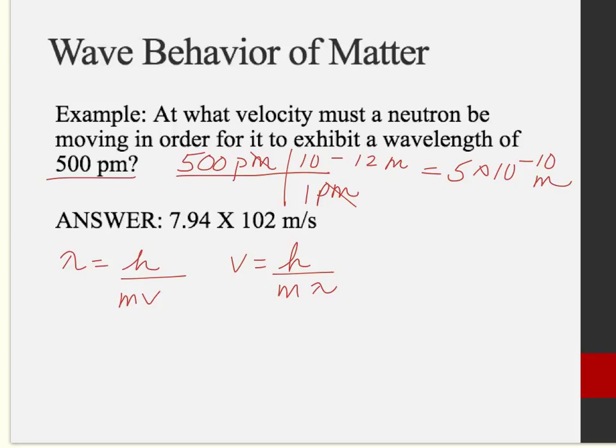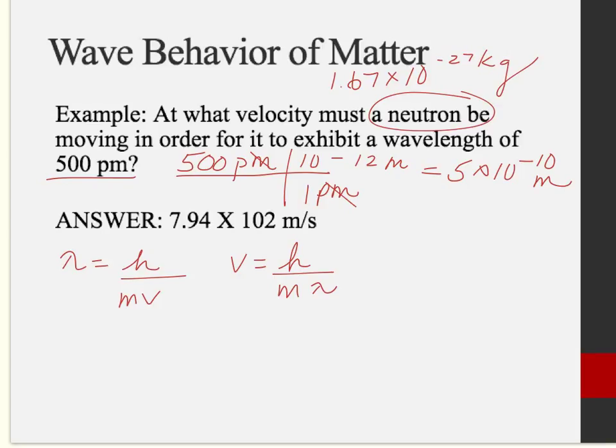You also need the mass of a neutron, which in our textbook is 1.67 times 10 to the minus 27 kilograms. So now we can actually plug and chug on this problem.